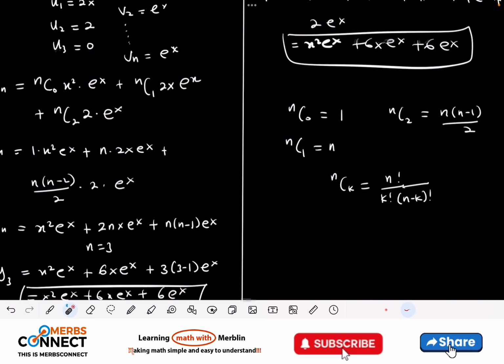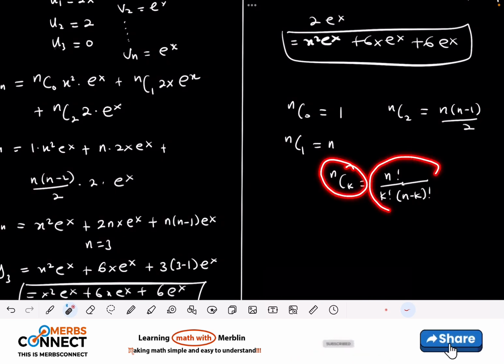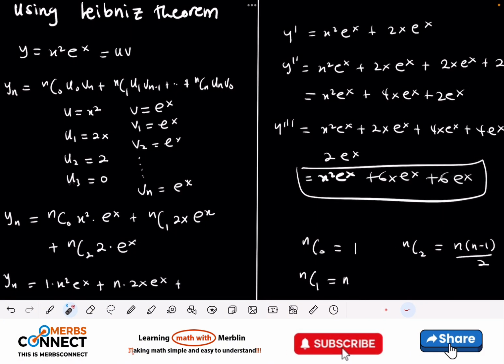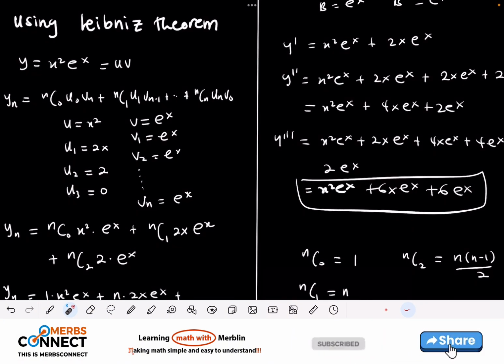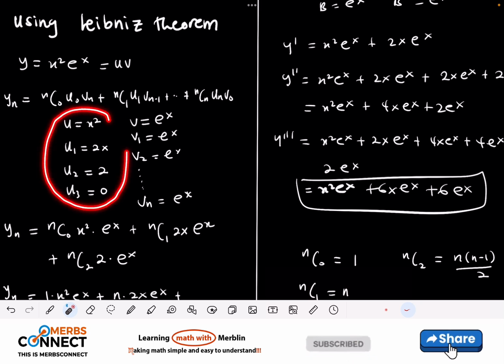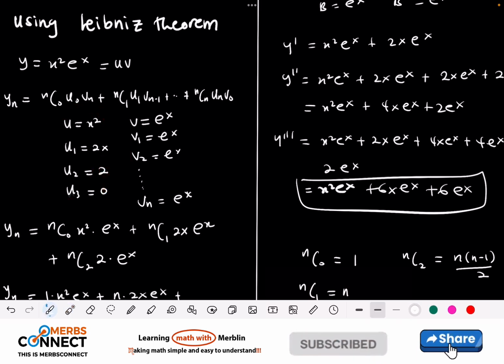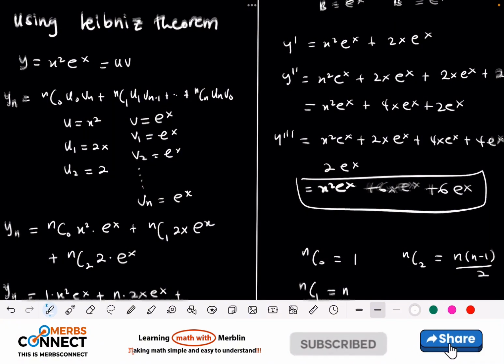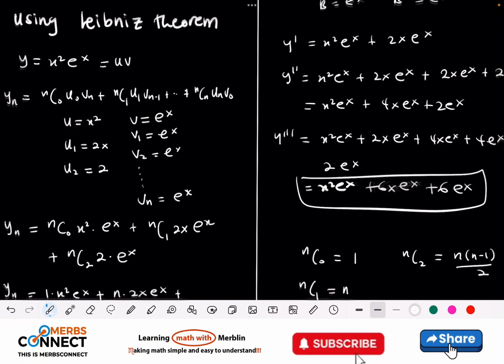Remember that n combination k can be written as this, and then choose your u in such a way that you can differentiate it up to 0, or let me say the constant term. So when you get to the constant term, there is no need for you to bring u3 because everything that follows is going to be 0.